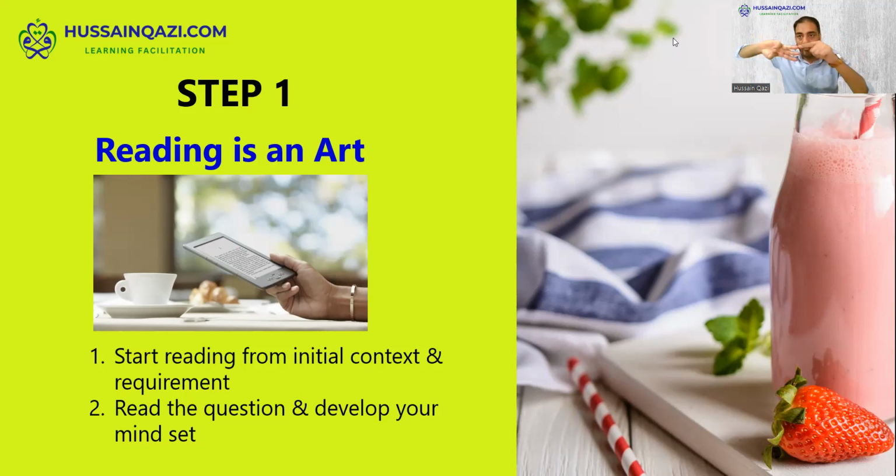So 3 steps you need to follow. Number 1, initial mindset by reading initial context and the requirement of the question. Then read the complete question based on the initial mindset. And finally, read the requirement at the last point and fix your mind that you have understood exactly the examiner expectations.